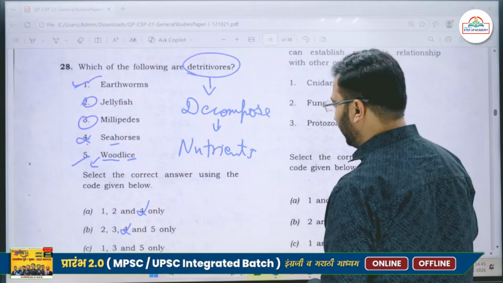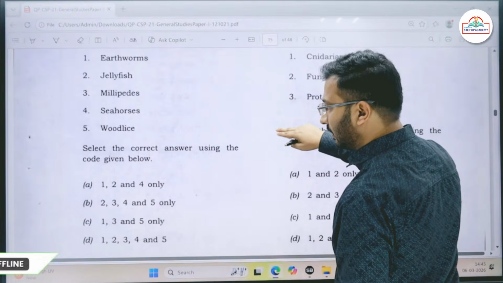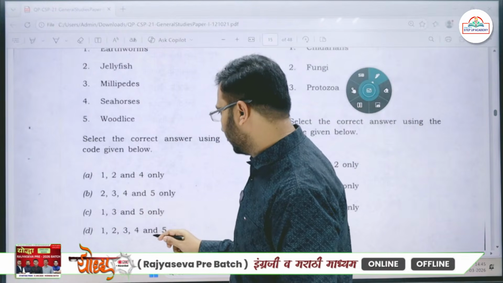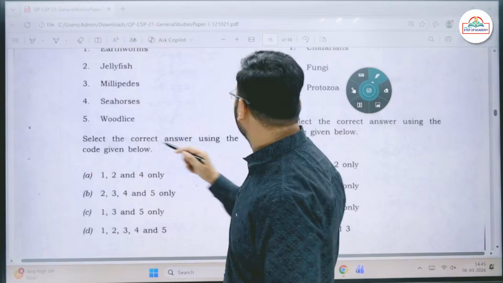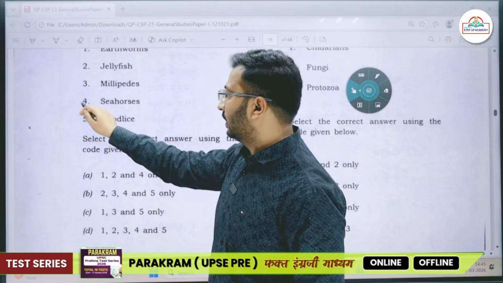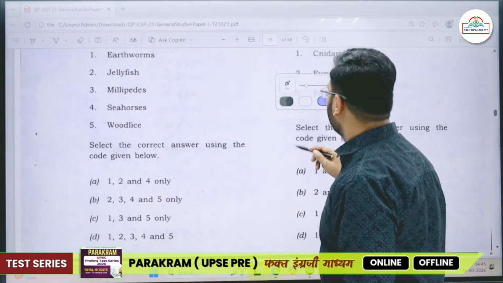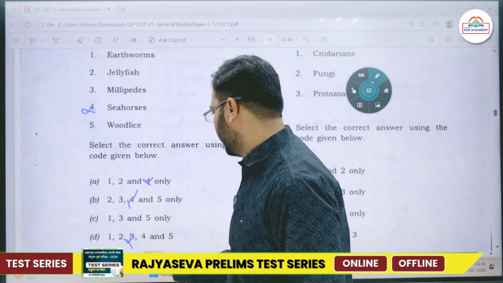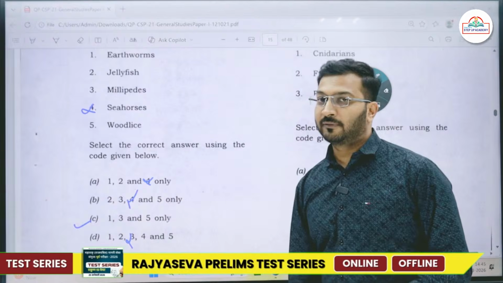So 1 and 5. Where do I find 1 and 5 that are correct? I find at multiple places that 1 and 5 are correct, but I had already eliminated sea horses. I had that knowledge from the movie, and I have seen sea horses in those movies; they are not detritivores. So option 4 is gone. I am left with 1 and 5, which I was aware of.